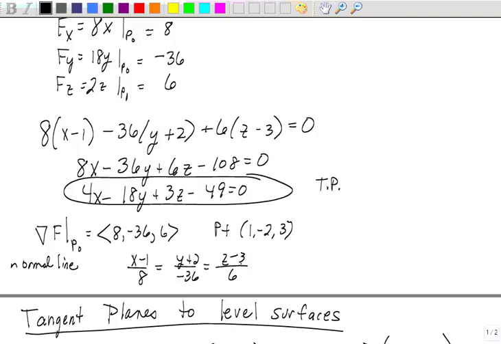If we get the parametric equations, we do 1 plus 8t, minus 2 minus 36t, and 3 plus 6t. So we can get either one where this comes from the direction and this comes from the point.